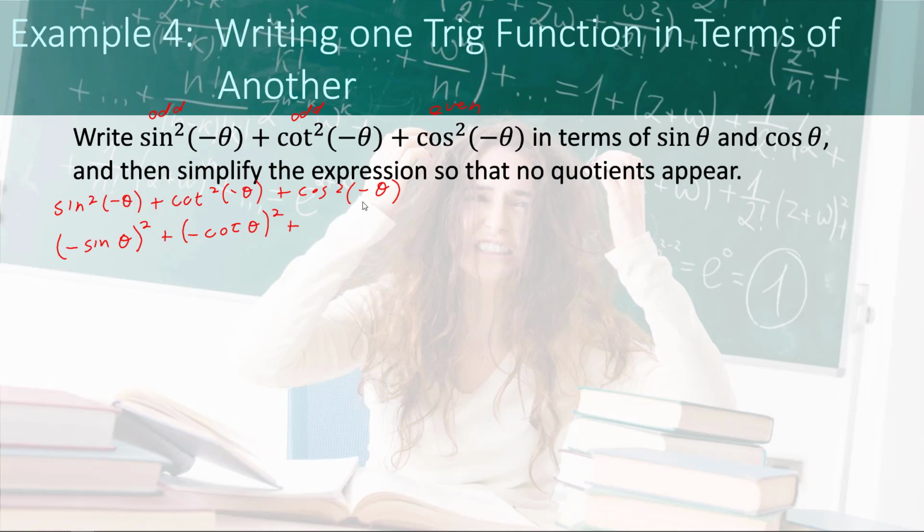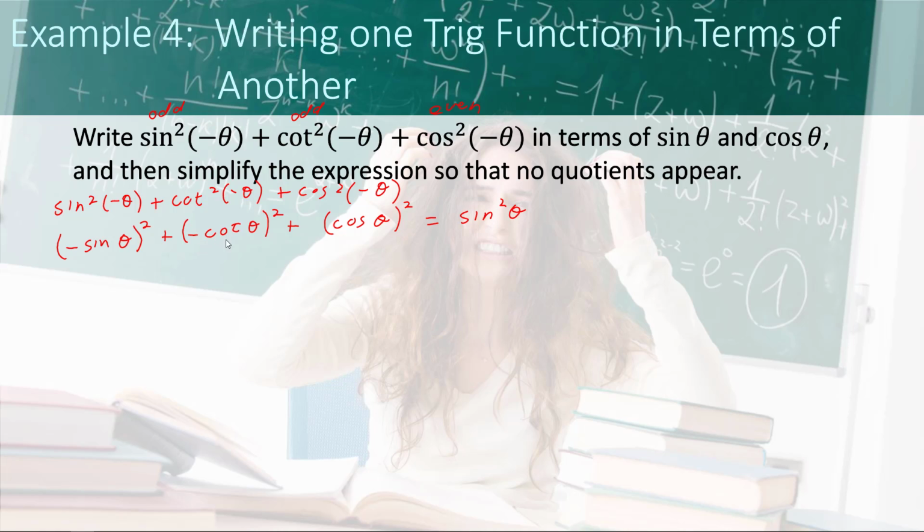Now cosine of negative theta is just simply cosine of theta, and we want to square the entire thing as well. We don't need to do this for an even function, but just to be consistent with all the other ones. And this is probably the safest way to do it. We're going to basically write it like this. And now we can evaluate each function. The square of negative sine theta is going to be positive sine squared theta.